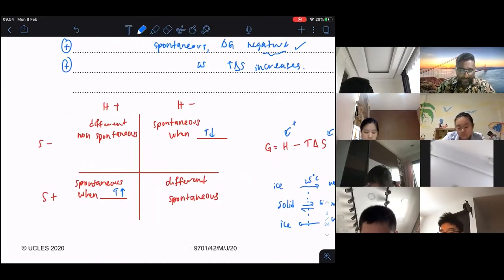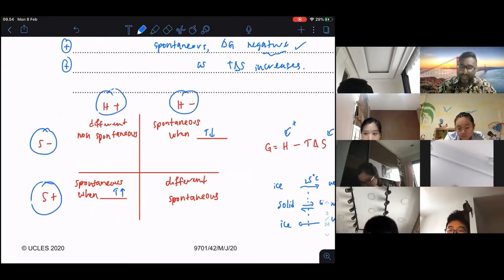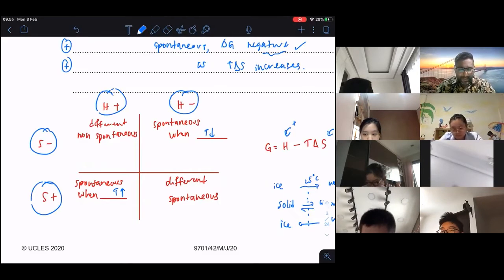If you have S negative, entropy positive, H positive, H negative, the one that is going to be easier to identify is when the quadrants have different positive and negative. Like for example, if I see this one positive and negative, this quadrant is different. And if you look at this quadrant, negative and S positive is different. So we can actually identify them easily.